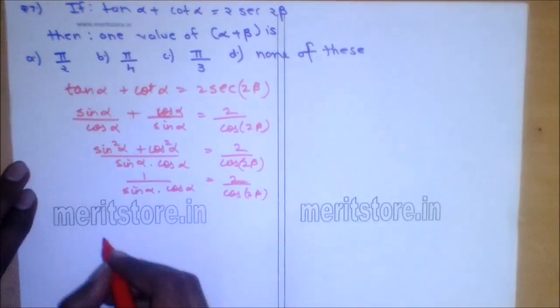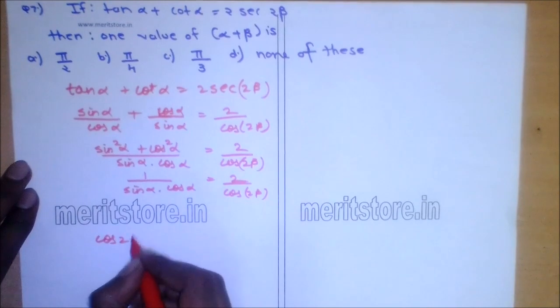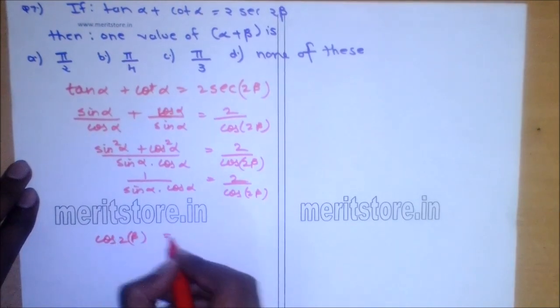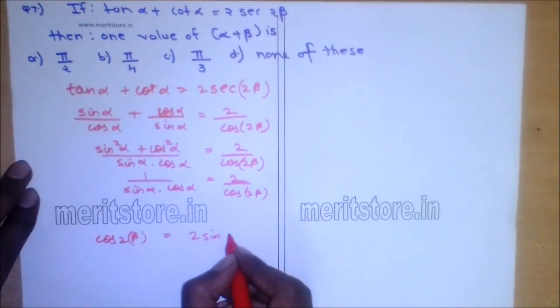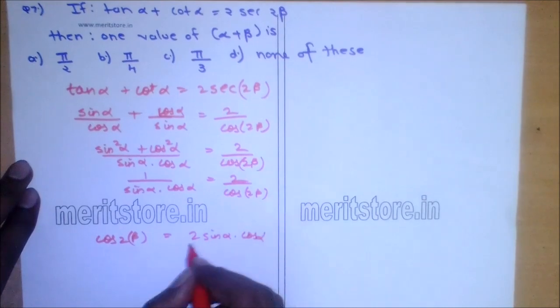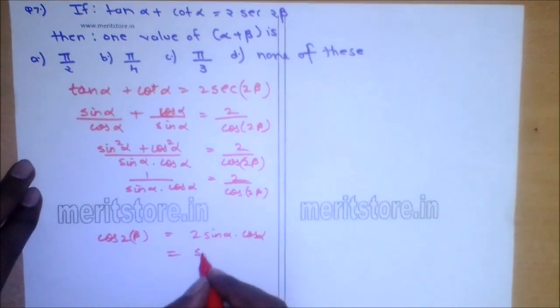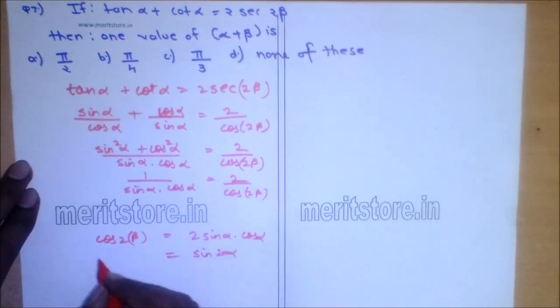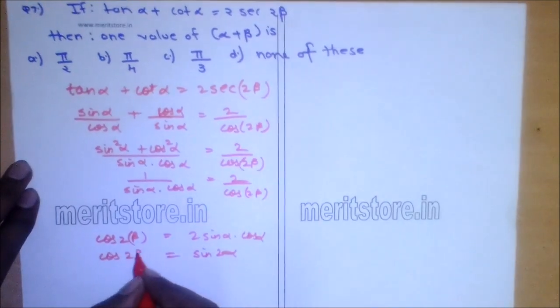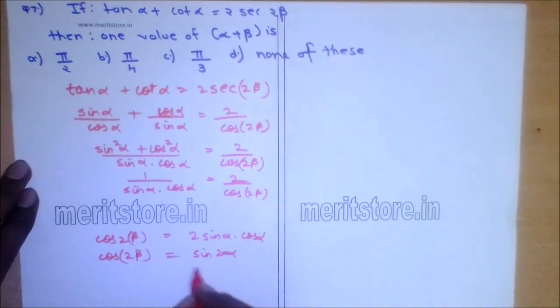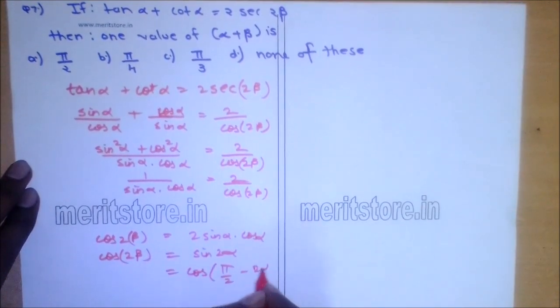We rearrange the terms. We get cos 2 beta equals 2 sin alpha cos alpha. 2 sin alpha cos alpha is sin 2 alpha. So cos 2 beta equals sin 2 alpha. This can be written as cos of pi by 2 minus 2 alpha.